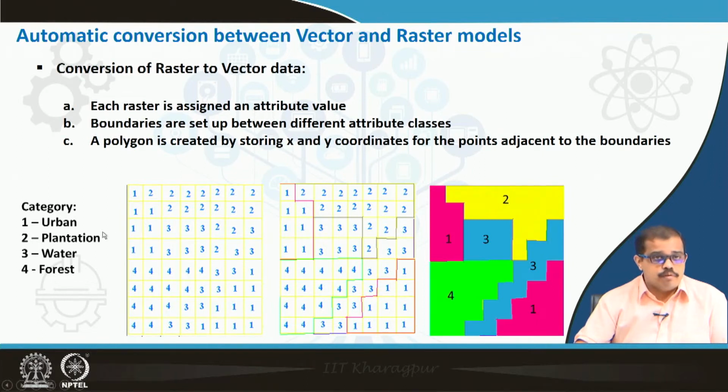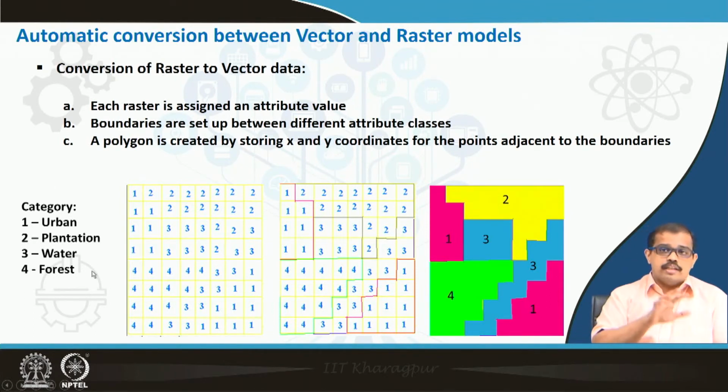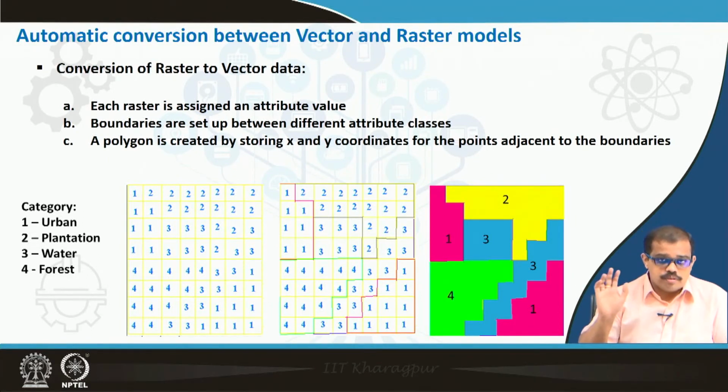Let us say we have 4 land use classes: one is urban, one is plantation, another is water, and another is forest. Please keep this in mind, because many of them go wrong when converting from a raster to a vector and vector to a raster. So, please listen to it carefully.